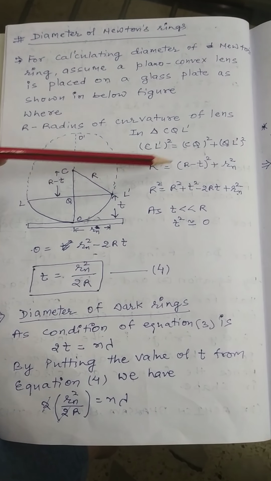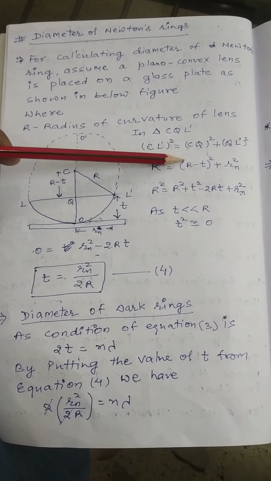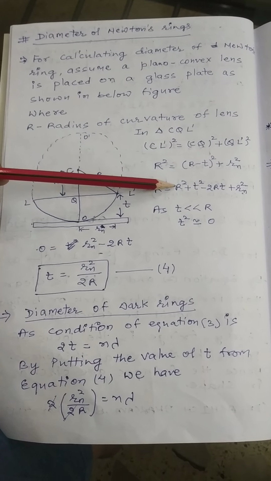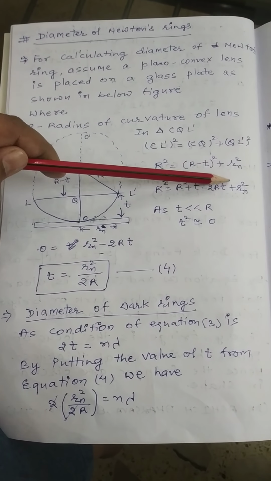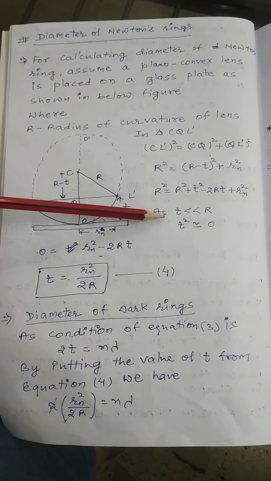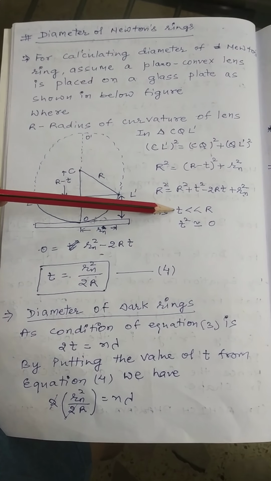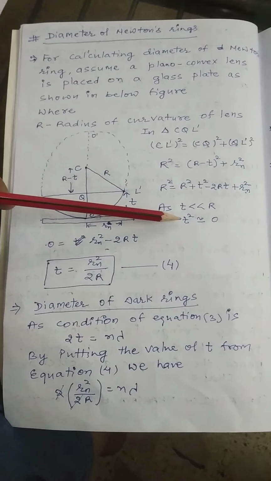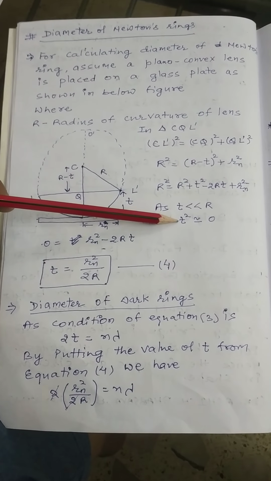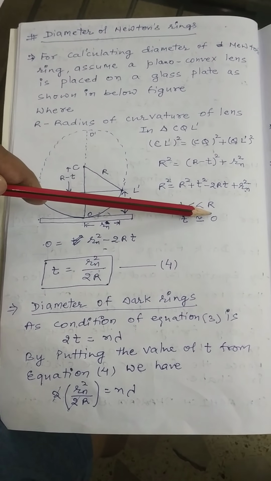When we open this square, it is equal to R square plus t square minus 2Rt plus rn square. As we can say that t is very much less than R, where t is thickness and rn is the radius of the circle, then the square of the thickness is also very small.